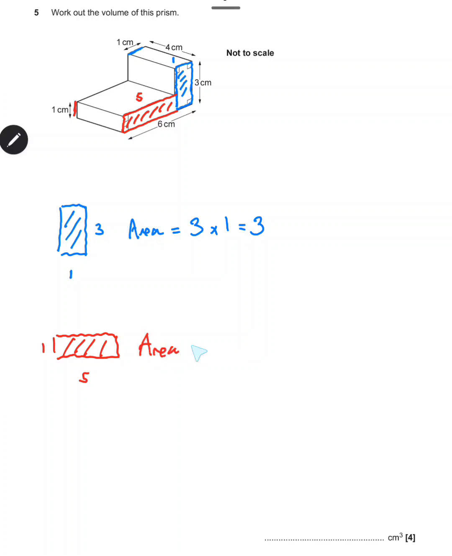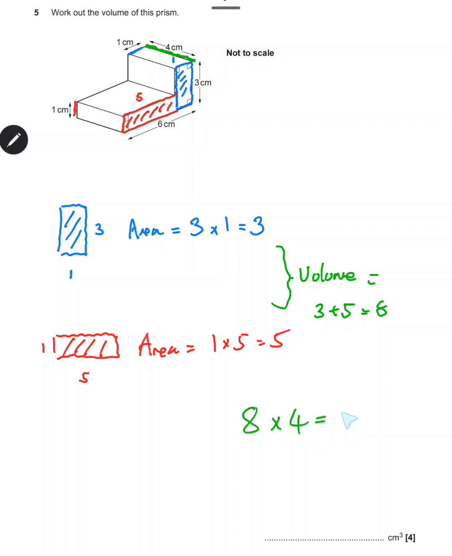So the area is 1 times 5, which equals 5. They will be centimetres squared, but I'm just going to leave them as they are for now. The volume is going to be these two added together, because that's my total area. So I'm going to do 3 add 5, which is 8, and I'm going to multiply by this 4 to get volume. So 8 times 4 is 32, and that's centimetres cubed for volume.